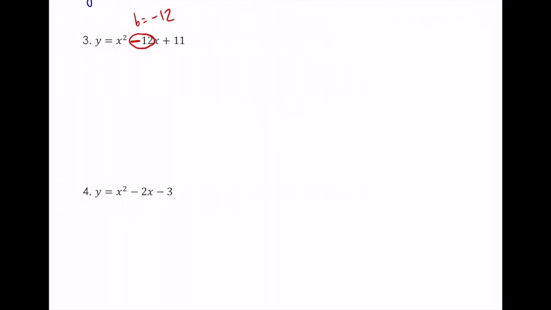So b is negative 12 here. So negative 12 divided by 2, that's negative 6. And now negative 6 times negative 6, a negative times a negative is a positive. So we have 36. 36 is the number that I am adding and subtracting from my equation.